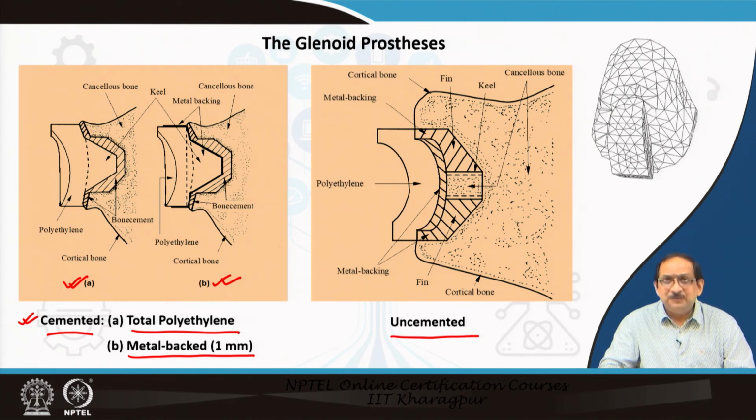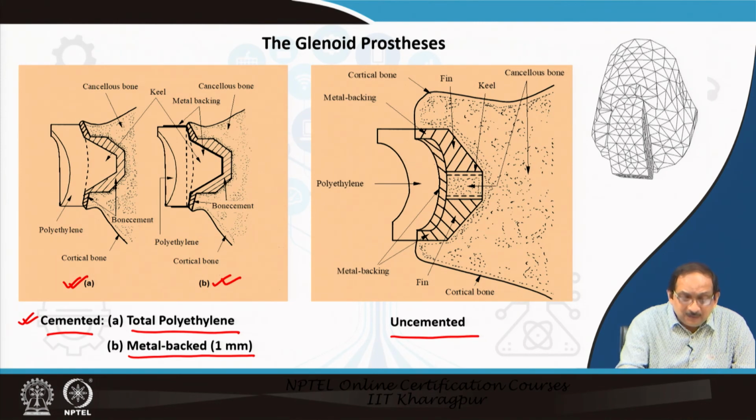In this slide we have presented a sketch of the coronal section within the glenoid. Here in figure A of the cemented variety, we can see the total polyethylene prosthesis, and the hatched area is the cemented area.